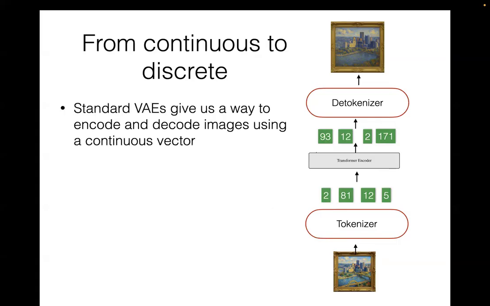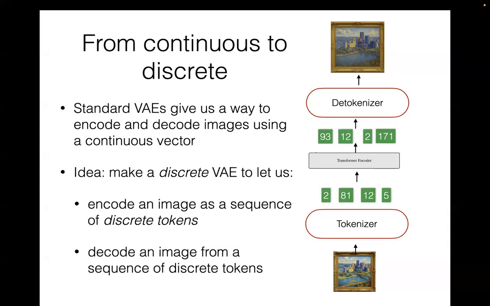Instead of having a continuous latent space, we're going to have a discrete latent space. Now your encoder can give you discrete numbers or discrete tokens, and your decoder can go from a sequence of these discrete values back to your data space.